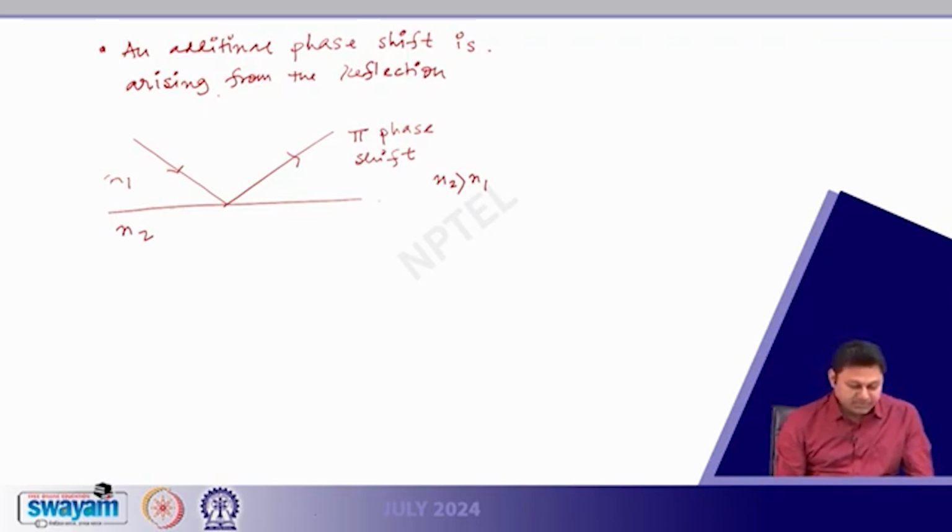So what is the condition for constructive and destructive interference? Let us quickly check. The phase difference obviously leads to a path difference.